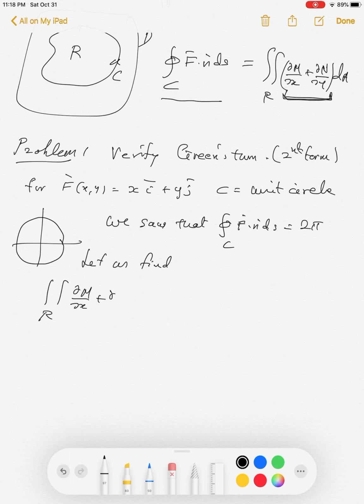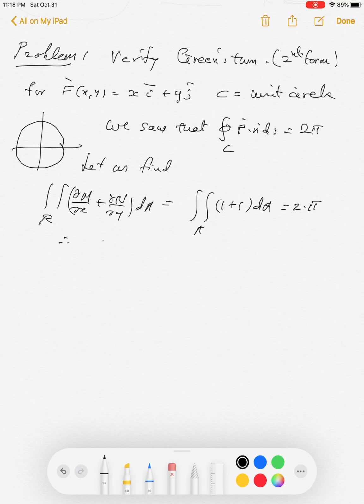So let us now compute the double integral on R of dM/dx plus dN/dy dA, and this is going to be just 1 plus 1 dA, which is 2 times the area of the unit circle, and the area of the unit circle is pi r squared. R is 1, so therefore the answer is 2 pi. Green's theorem holds, because it has to hold. We have just verified it, so therefore Green's theorem is verified.